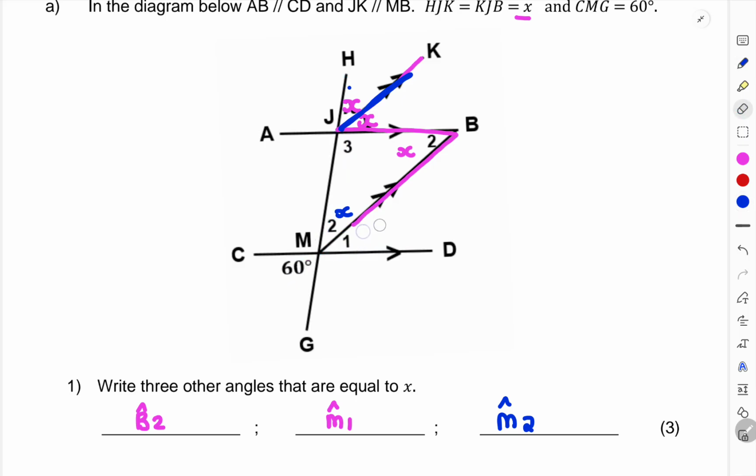Let me just clear up here a bit. So they are looking for MJA. Determine the size of this angle over here. Can you see that MJA will be equal to 2x because of vertically opposite angles?